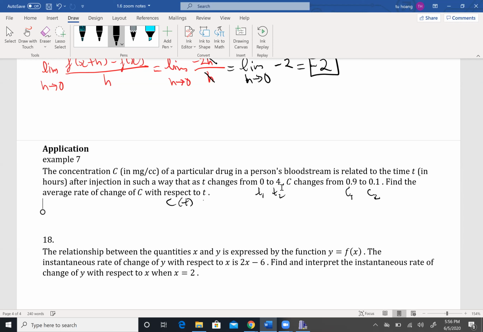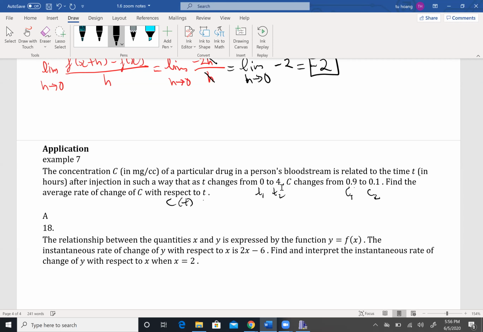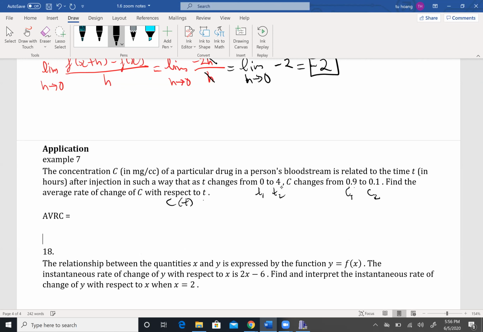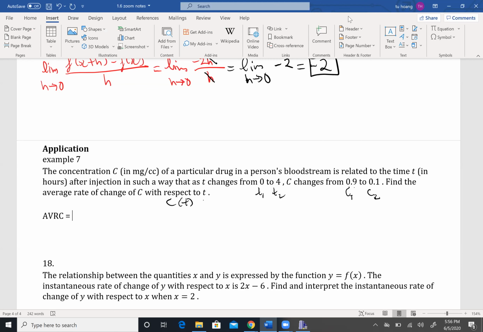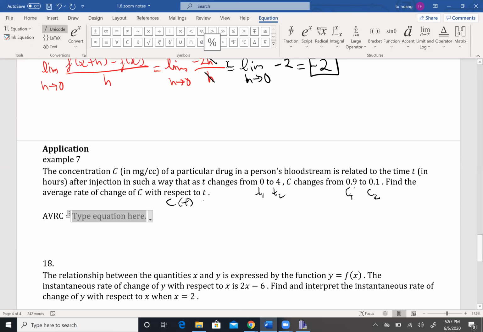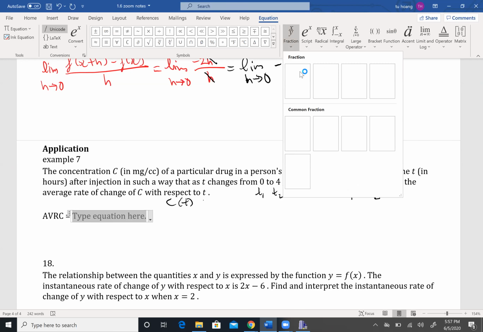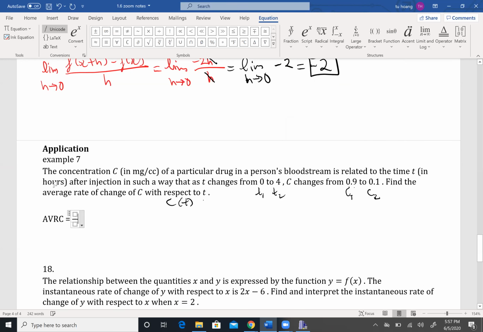So you will have the average rate of change will be equal to, let me use the equation expression here.